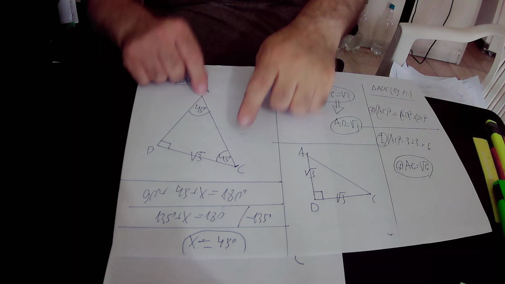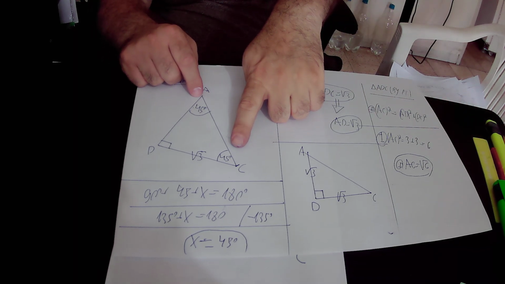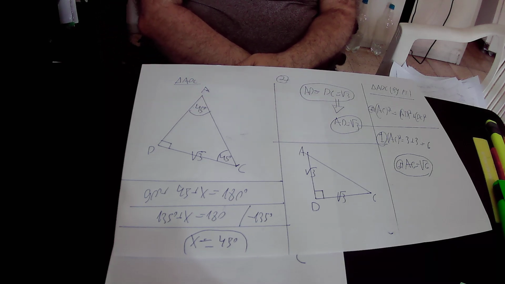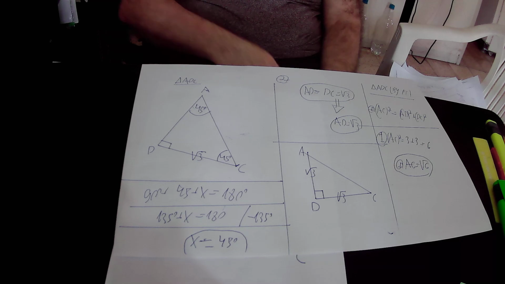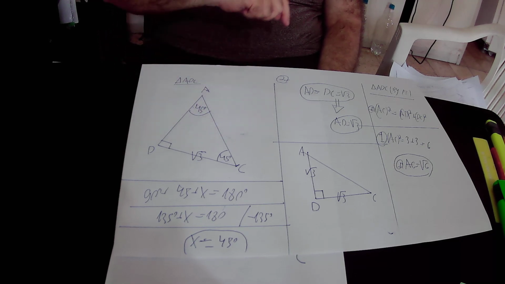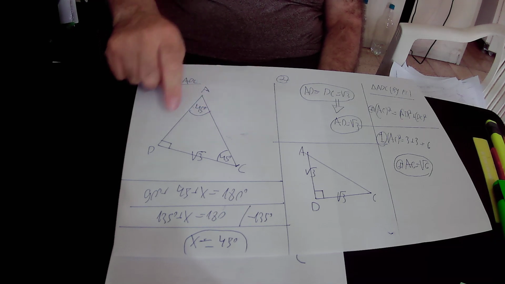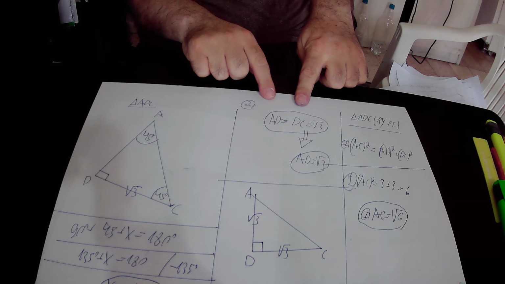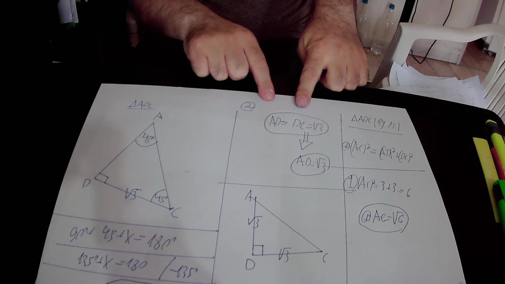So those two angles are both equal to 45 degrees, therefore they are equal to each other. And we have the rule that opposite equal angles in a triangle, there are equal sides. In front of this angle we have side DC. In front of this angle we have side AD. Those two sides located opposite equal angles must be equal to each other.